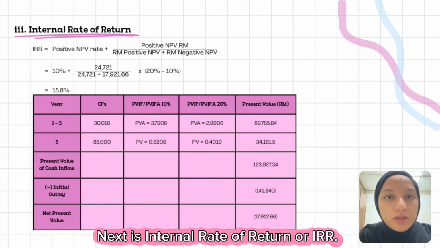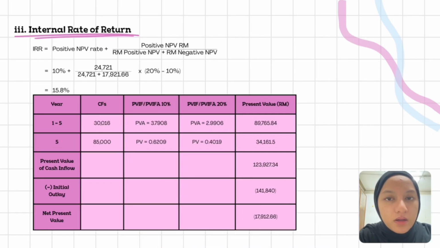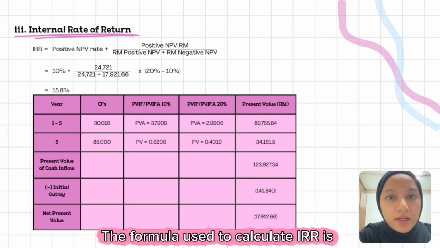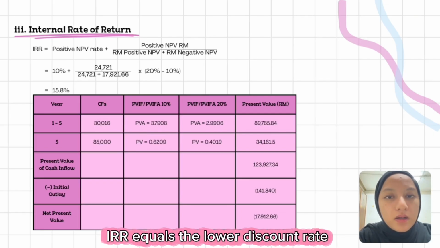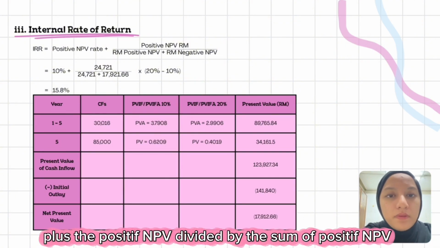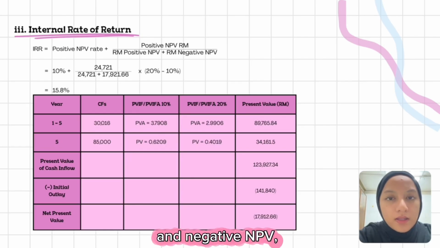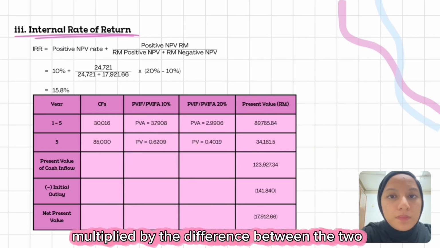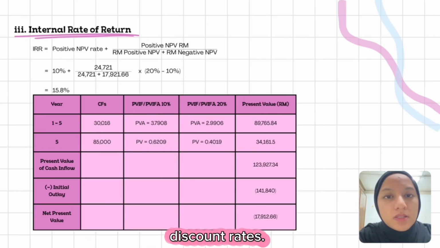Next is internal rate of return or IRR. The formula used to calculate IRR is IRR equals the lower discount rate plus the positive NPV divided by the sum of positive NPV and negative NPV multiplied by the difference between the two discount rates.